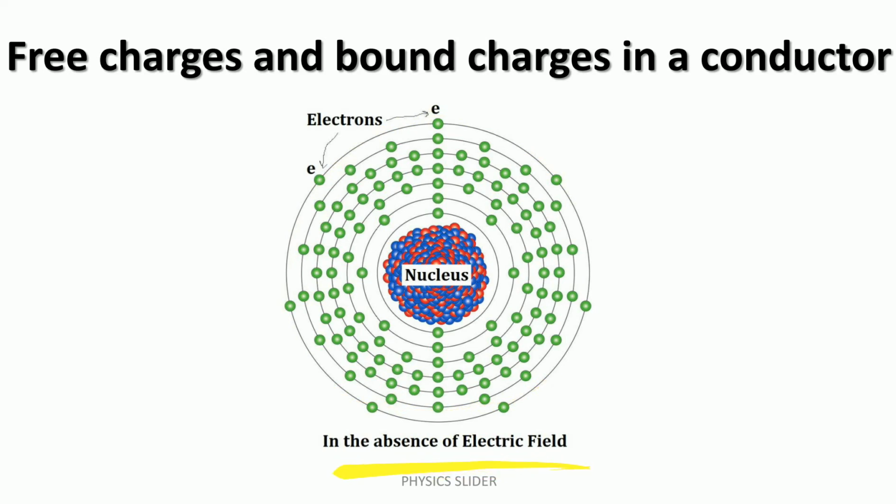There is no external electric field present here. What will happen if we create an external electric field here? The electrons from the outermost shell will be detached from this atom and will move freely and will be called free electrons.